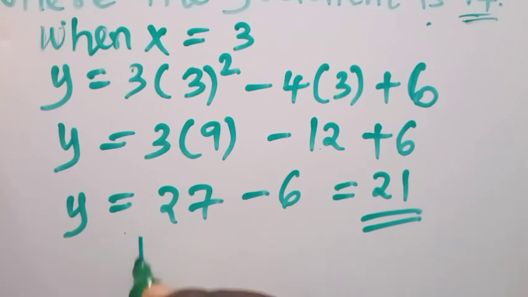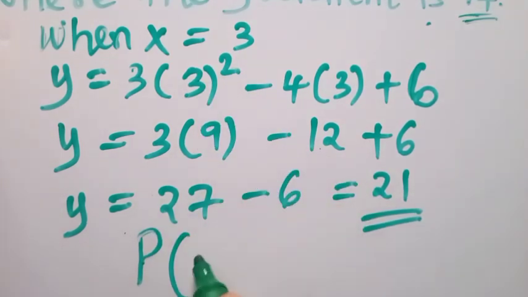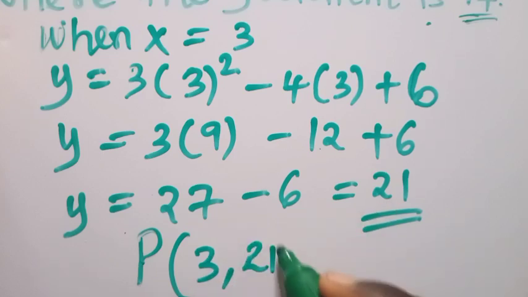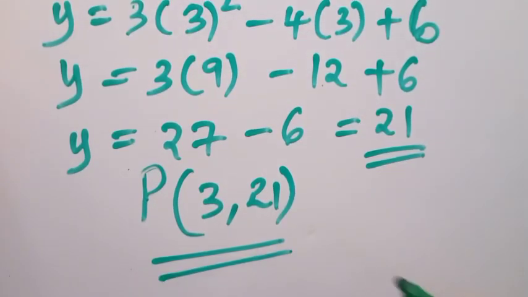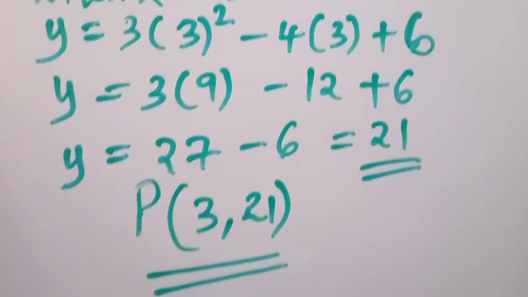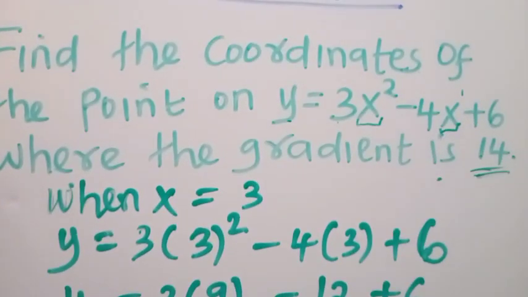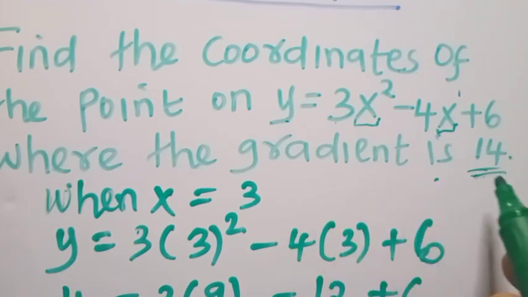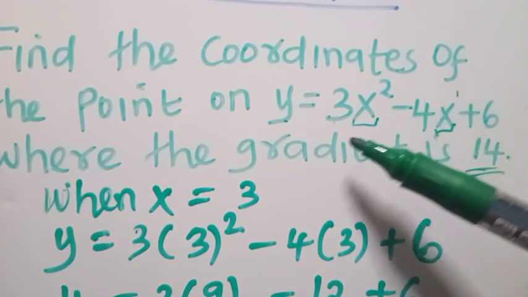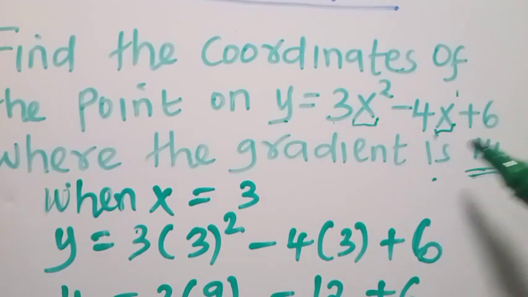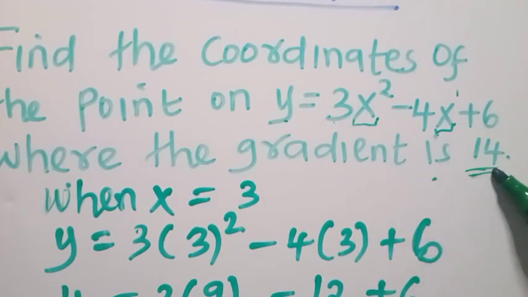Now the point, or the coordinates, will be x, which is 3, comma y, which is 21. This is the coordinates of the point on the curve where the gradient is 14. So the first step that we took is to find the gradient function and equate it with 14, so that we obtain the value of x.